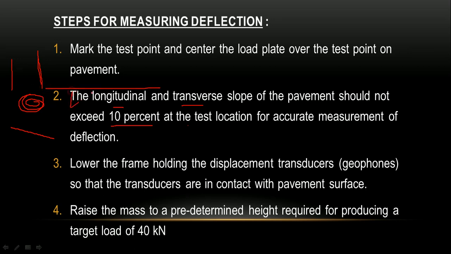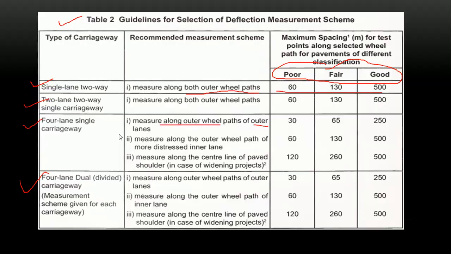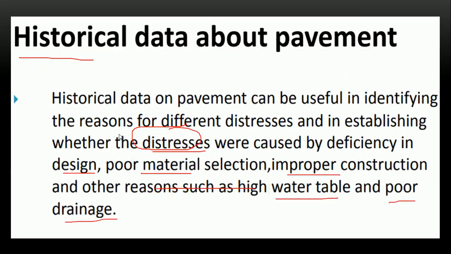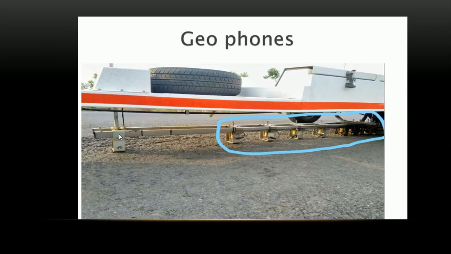This is the loading frame. The geophones are at different distances. You have to lower this entire loading frame such that all the geophones come in contact with the pavement surface, as we have observed in the previous slides.